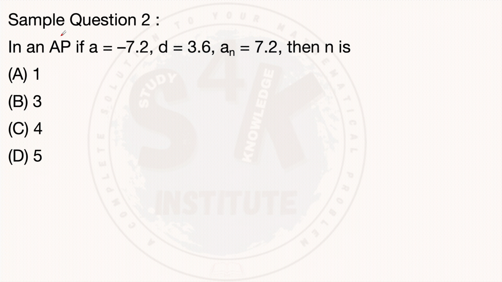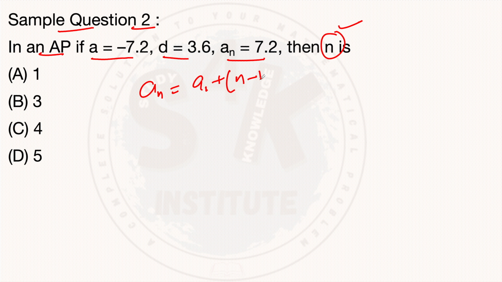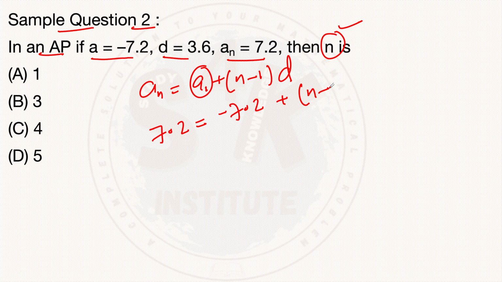Now the next sample question that we have is, in an AP, if a is equal to this, difference is equal to this, an is equal to this, they are asking for the n value, right? So just substitute it in this formula that you are aware of. An is equal to a1 plus n minus 1 times d. You know an, right? 7.2. You know a, like a is nothing but the first term, so negative 7.2 plus n minus 1. What is the difference? 3.6.